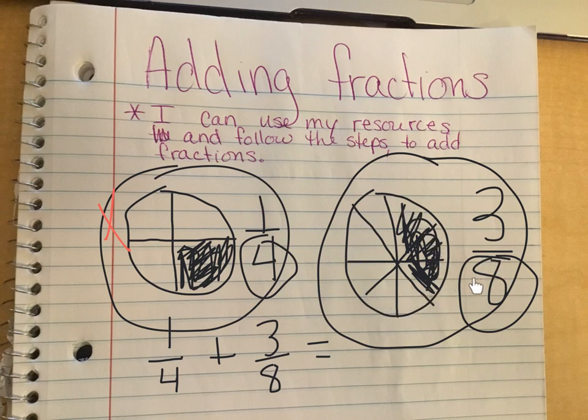We have to make sure that we're comparing and adding the same things. But with a denominator of 4 here and a denominator of 8 here, our pizzas are cut into different sizes. I can't say they ate 1, oh, they ate 4 pieces, because a piece here is this big, but a piece here is a lot smaller. So we have to change our denominators so that they are the same. If we do not do that, we are adding weird things.